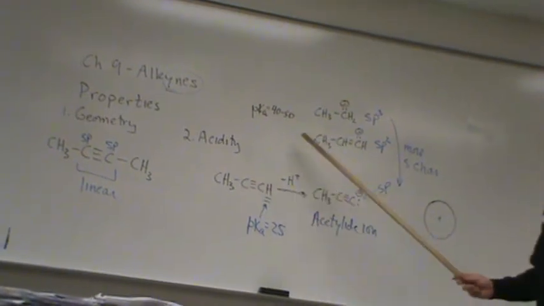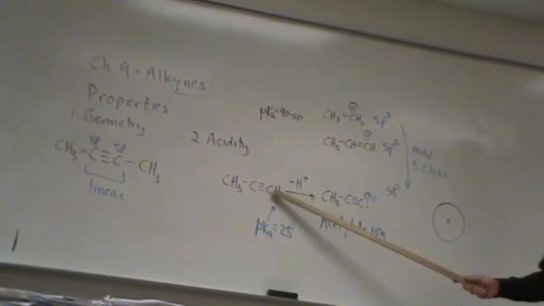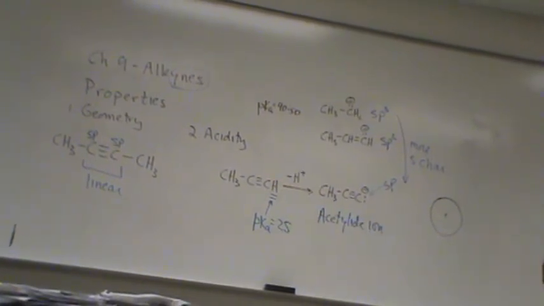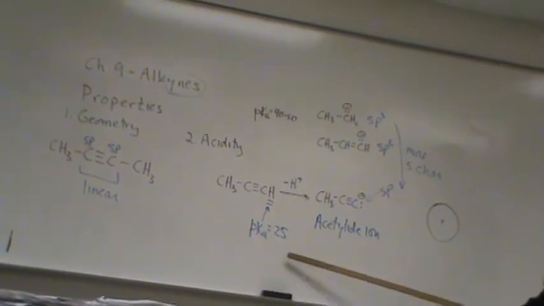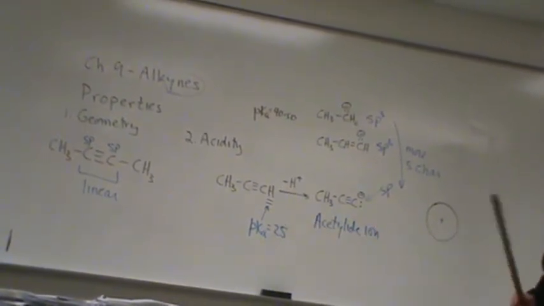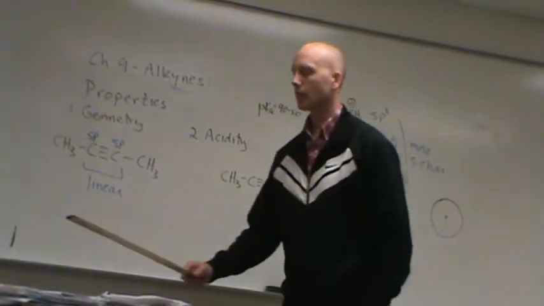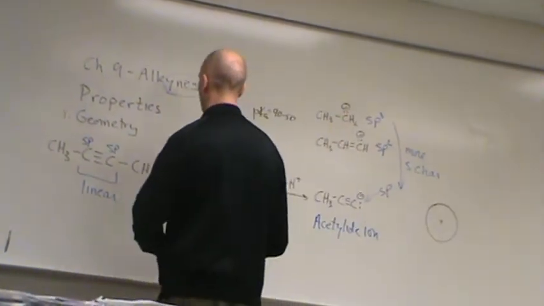All right, so all I want you to take away from this is that if I have a hydrogen on a triple bond, it has some acidic character, okay? And since it's not a super strong acid, I'm going to need a decent base to remove that. So let's look at a decent base to remove that.